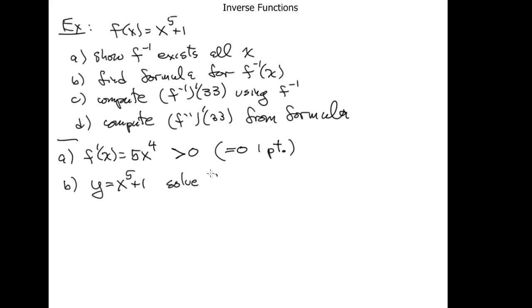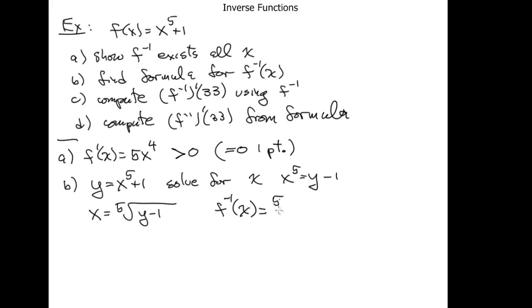And the way you find the inverse for simple functions is you just write y is equal to x to the 5th plus 1 and solve it for x. x to the fifth is equal to y minus 1, so x is the fifth root. f inverse of x is the fifth root of x minus 1. So the inverse function is the fifth root, and I just changed x to y here because I want to think of the inverse function also as a function of x.